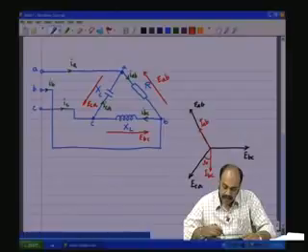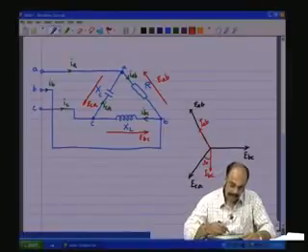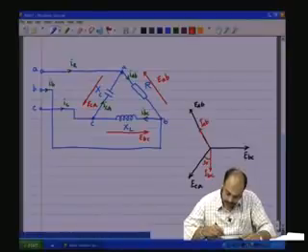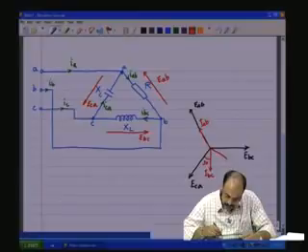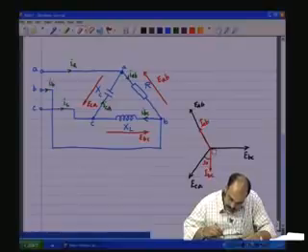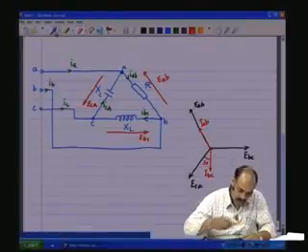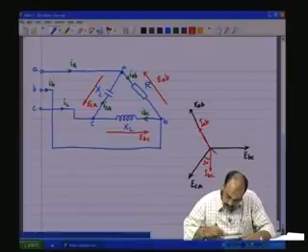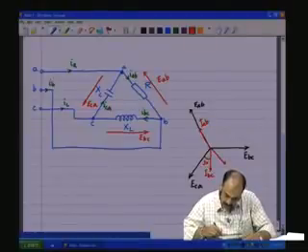So, for ECA, the current has to lead ECA, and therefore, we shall draw a phasor which is 90 degrees to this ECA, and that will be ICA.